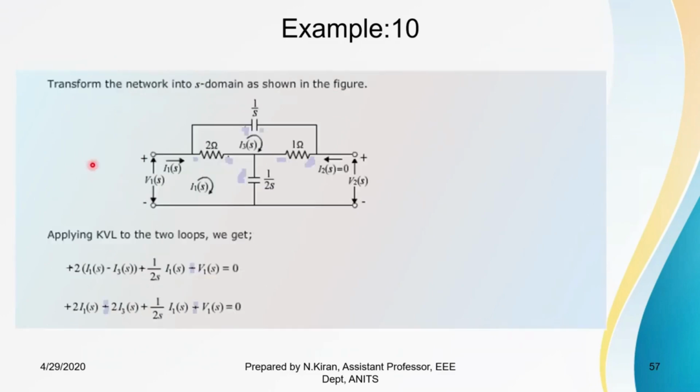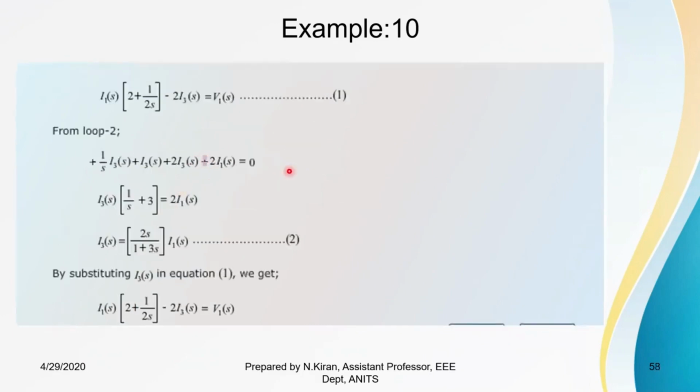From the second loop, there is 1 by s into I3 plus 1 into I3 plus 2 into (I3 minus I1) is equal to 0. If I take I3 common, it is (1 by s plus 3) I3, which gives me 2 into I1 of s. Let us consider that as the second equation.